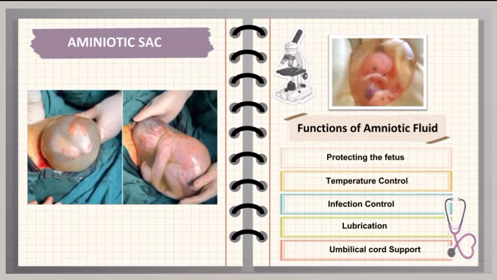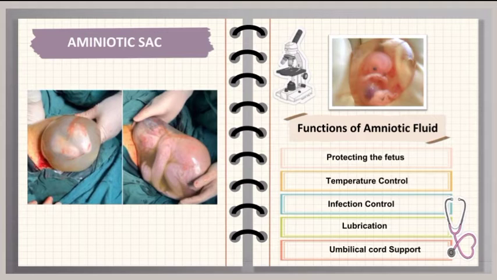The fourth is lubrication. Amniotic fluid prevents parts of the body such as the fingers and toes from growing together. Webbing can occur if amniotic fluid is low.